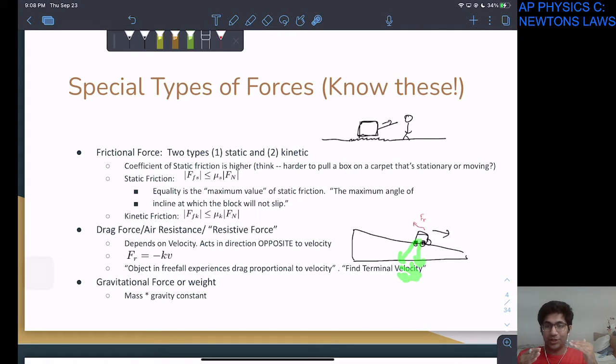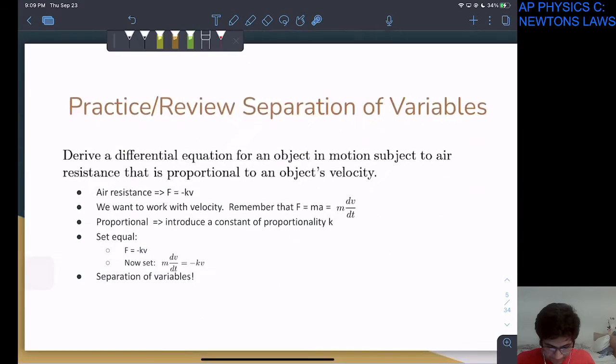At that point, your air resistance and your force going downwards are equal, and that's your terminal velocity. And like we said earlier, gravitational force or weight is just mass times the gravitational constant.